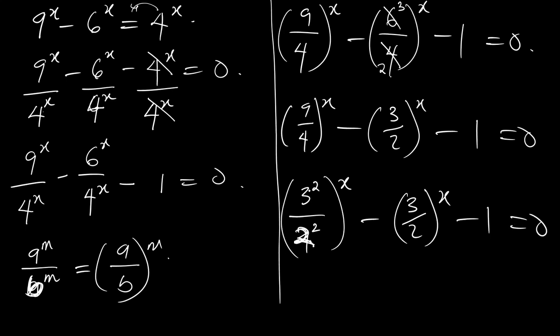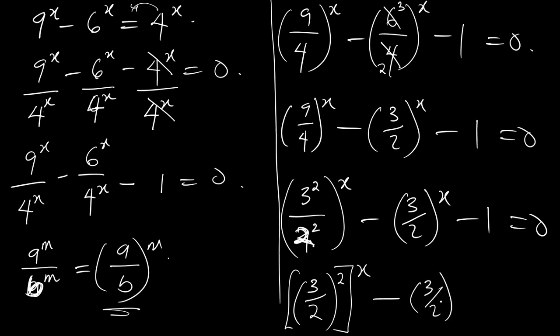Now 3 to the power 2 and 2 to the power 2, the powers are the same, so we're going to apply this rule again. That means the whole of this inside will be 3 over 2 all to the power 2, and then all to the power x, minus 3 over 2 all to the power x minus 1 equal to 0.